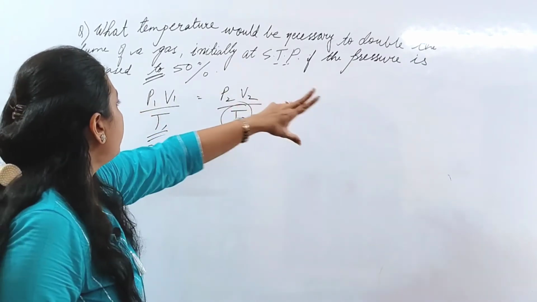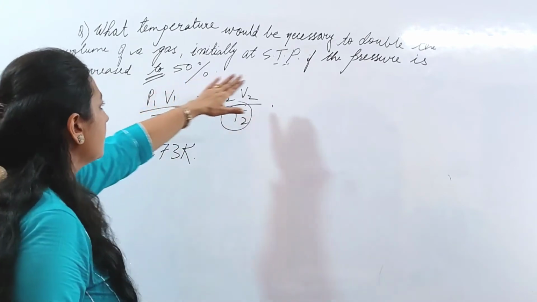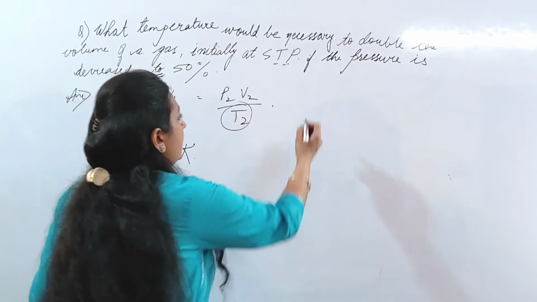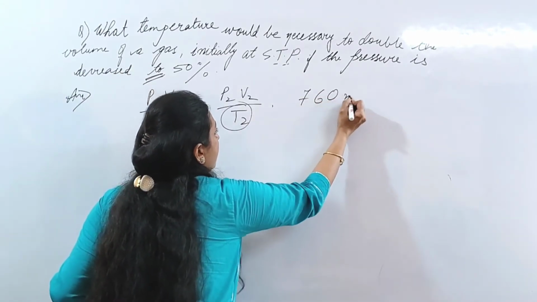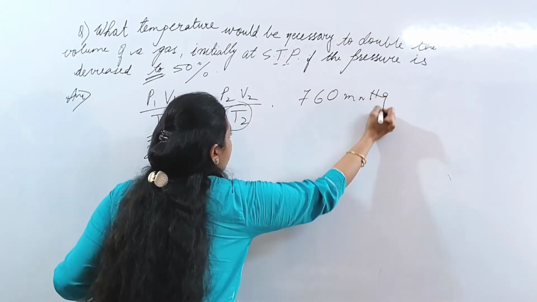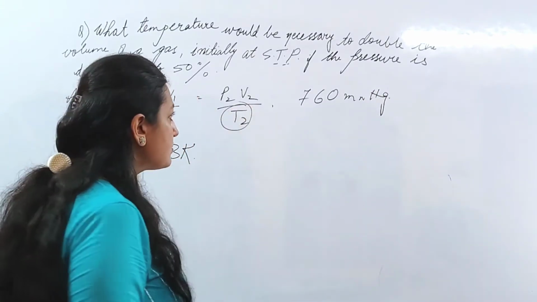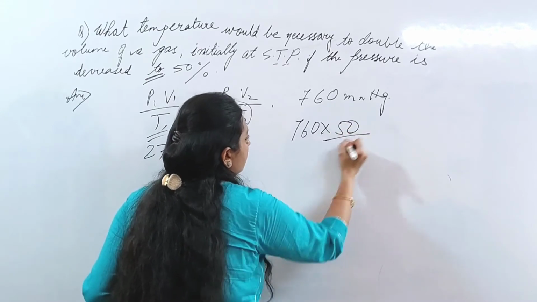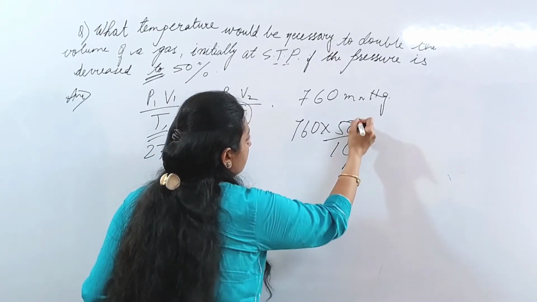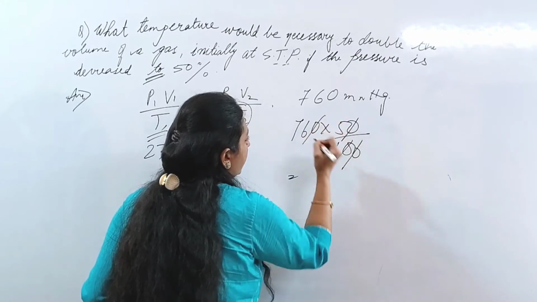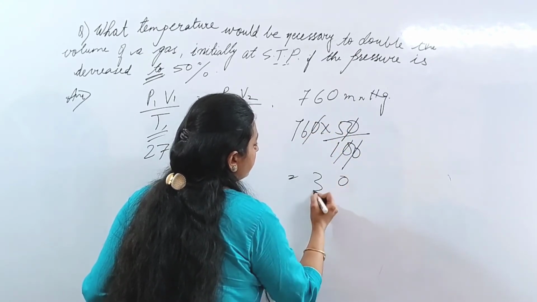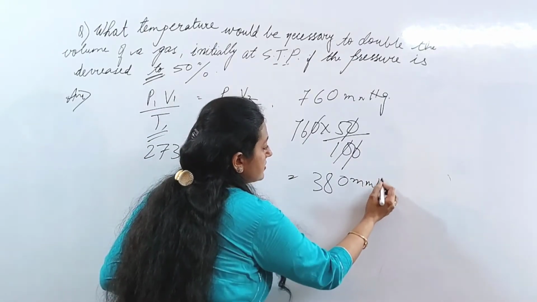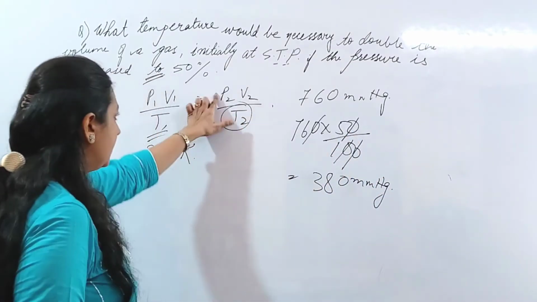Then the pressure is decreased to 50%. Initially it was at standard pressure. What is the standard pressure? It's 760 mmHg. So it is reduced, decreased to 50%. So 760 becomes 380 mmHg. So this is your P2. Clear?